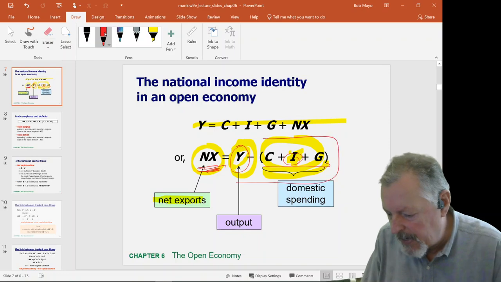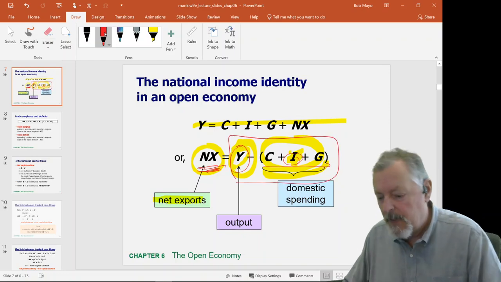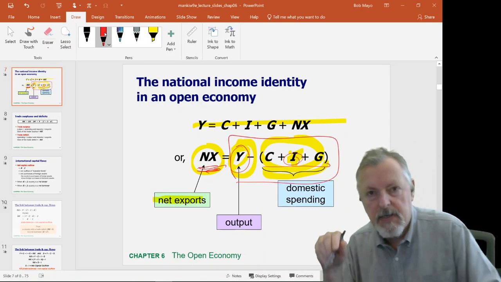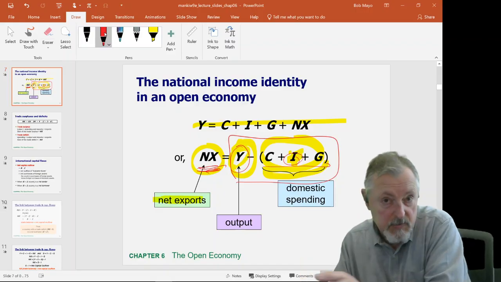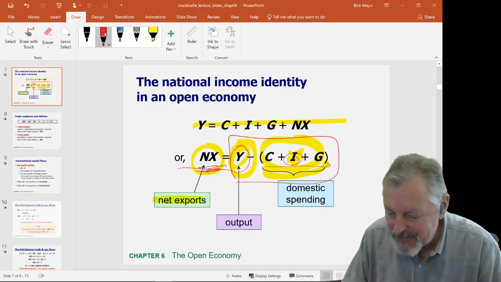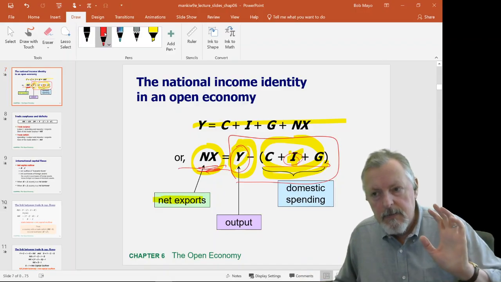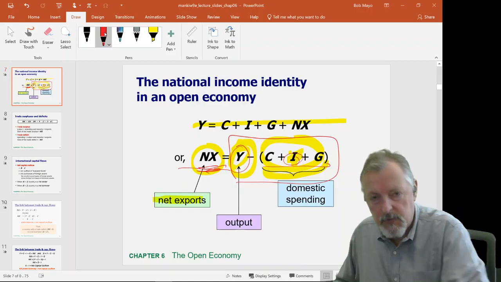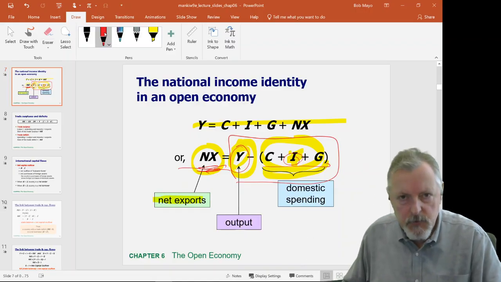If this is a positive term, then cash outflow is that positive term, which must exactly equal goods that we're selling to other countries. That's why the two are equal.